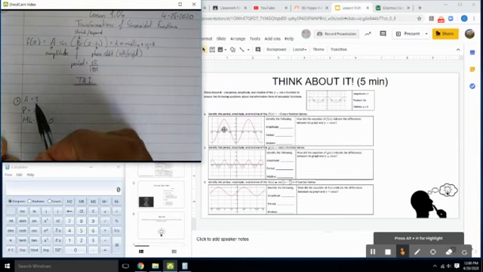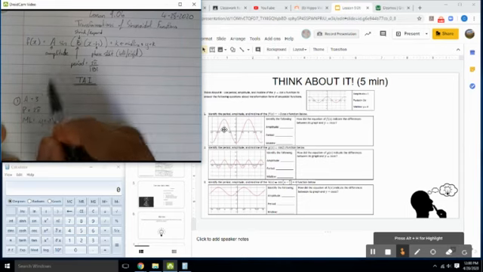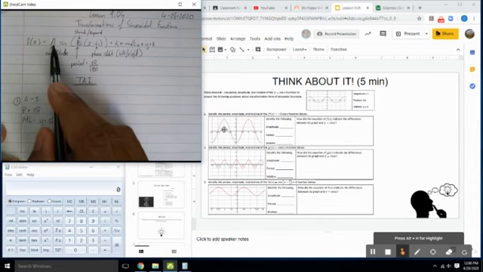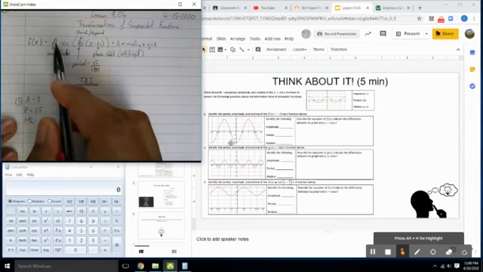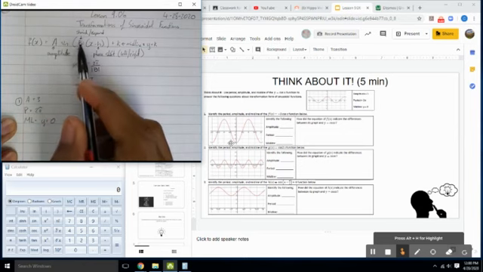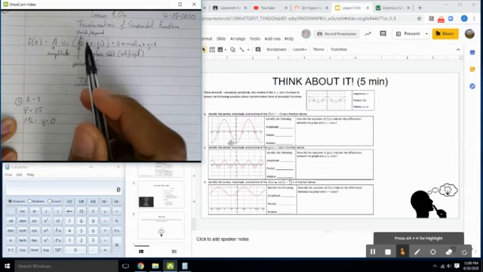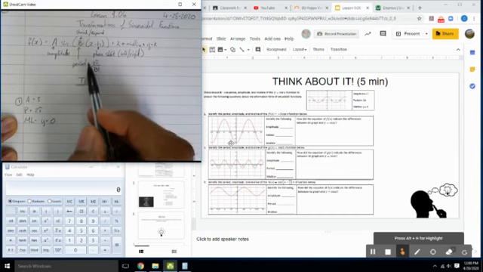So for instance, if you look on your graph, A is -3, and our amplitude is always an absolute value. So the absolute value of -3 would be 3. For B, there's no value there, so our period should remain the same.